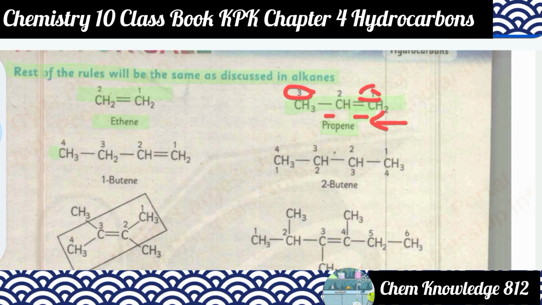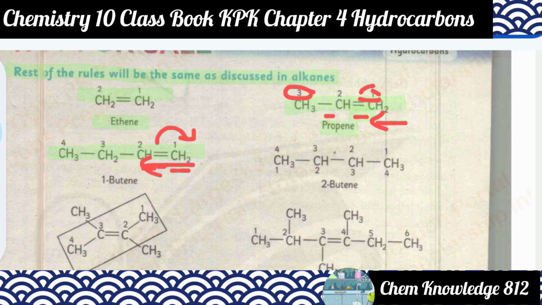Similarly, in case of butene, you can say 1-butene. The numbering will start from this carbon number 1 because the double bond is near to this carbon. So numbering will start from right to left.